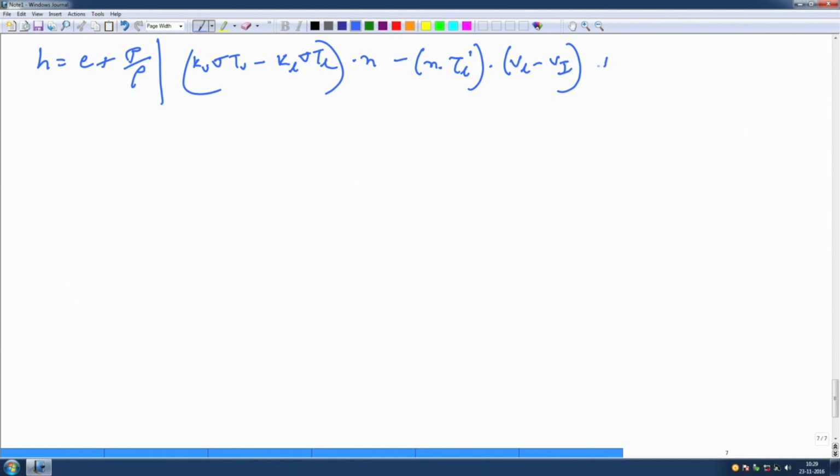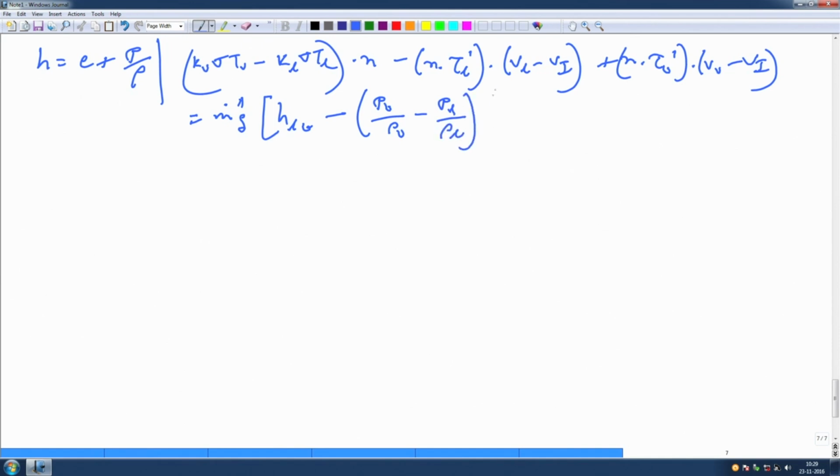This is the corresponding work done by the stresses, equal to m dot HLV, that is the latent heat component, PV rho V minus PL rho L, plus half VV square minus VI as half VL square plus VL into VI. Okay. So, this is basically the latent heat of vaporization.